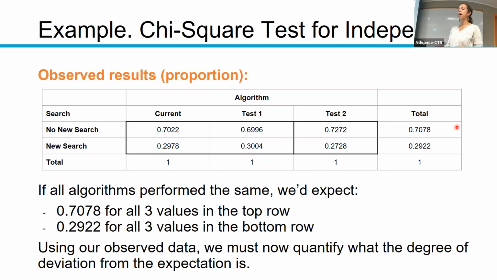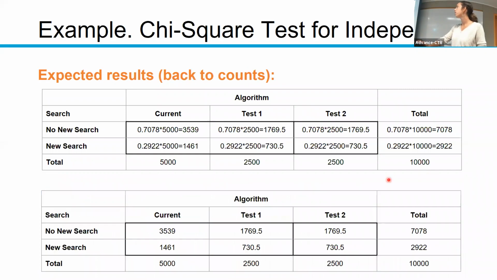Similarly, if all algorithms perform the same, we'd expect to see this 0.2922 in the bottom row. So using this proportion concept, which is slightly different than the expected count one, but yields the same results, we end up getting our expected count table, which is this one down here. And again, it's the same idea as the other one, but we just did it a little different.